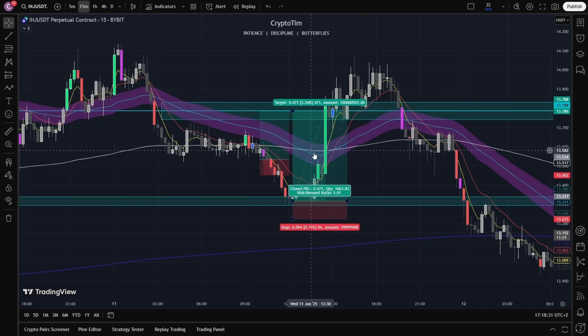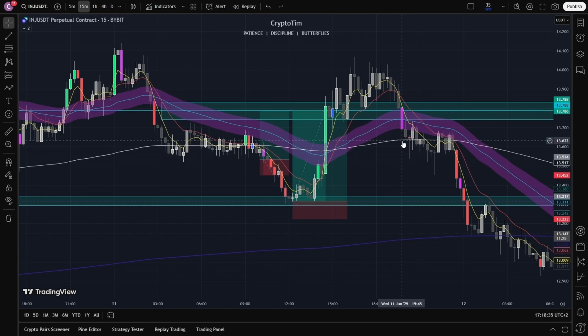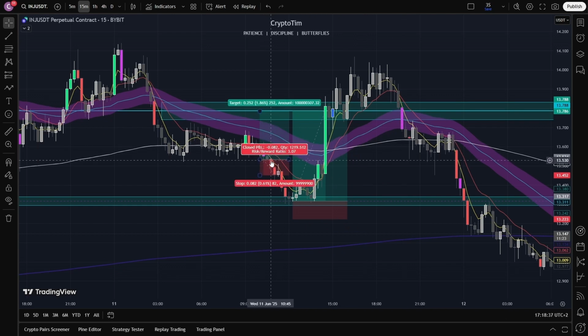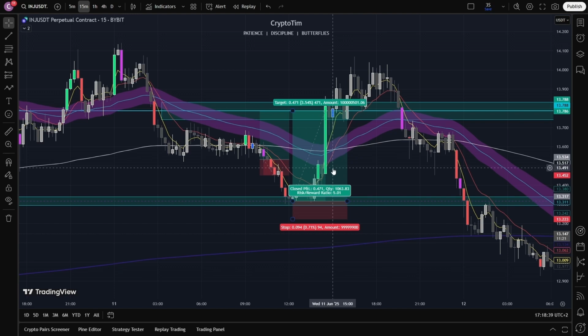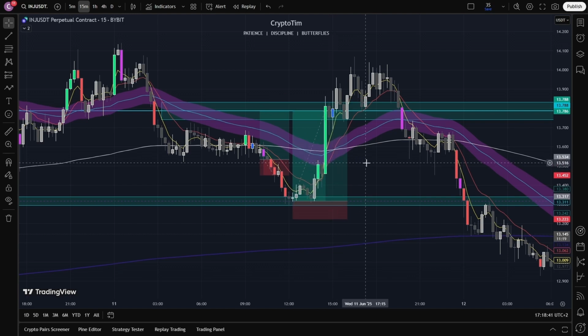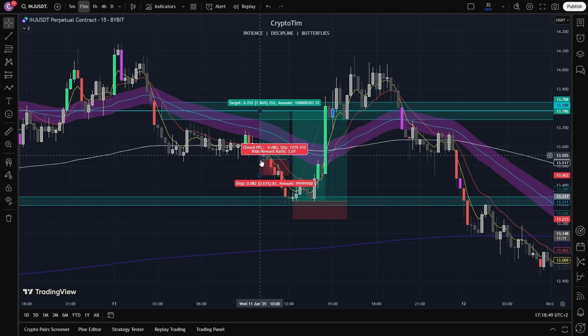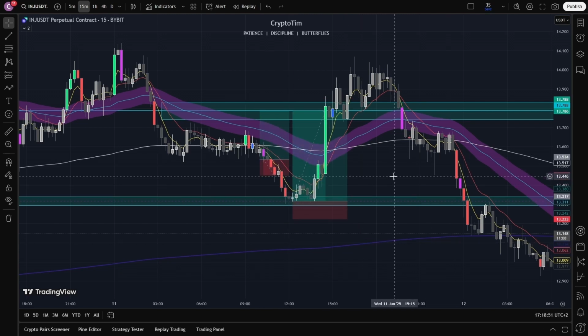Compared to here, I made a nice 4R profit, because I got stopped out at -R, but I got a +5R. So clean risk management, clean profits, resulting in a much better result than I would have had if I just kept on to this trade and hoped for the best.